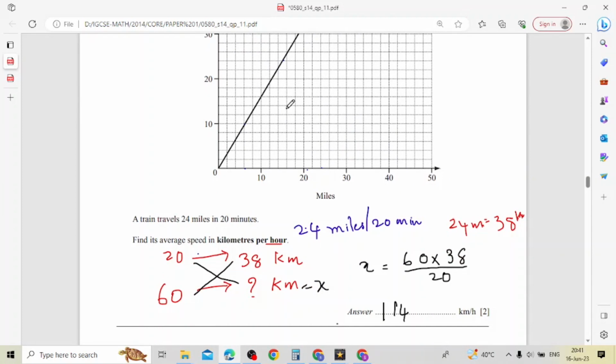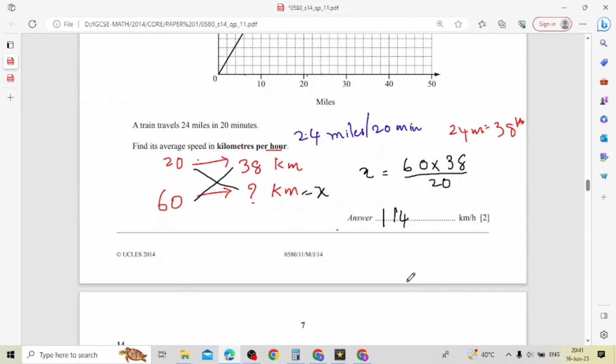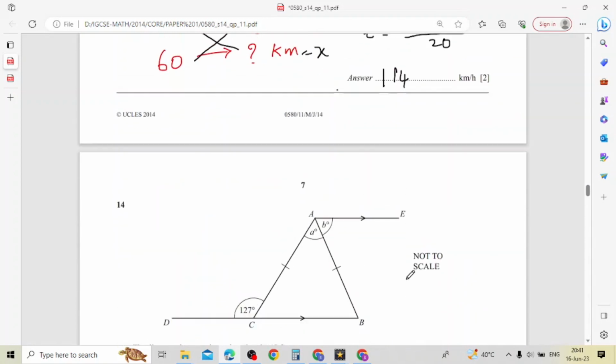After this, for per hour, since it is in minutes I took 20 minutes is equal to 38 kilometers. So 60 minutes is how much, right? This way we have to calculate. Now let's go for 14.